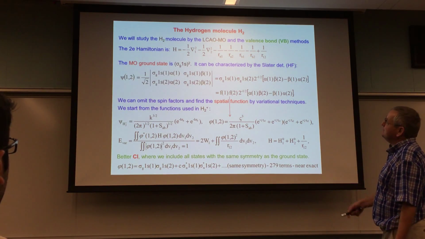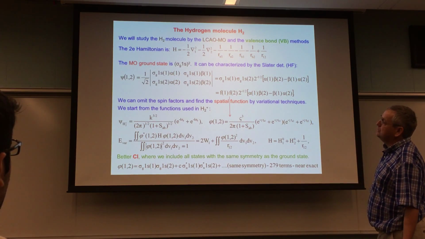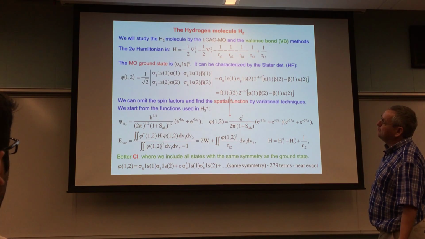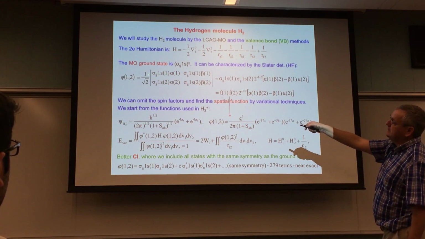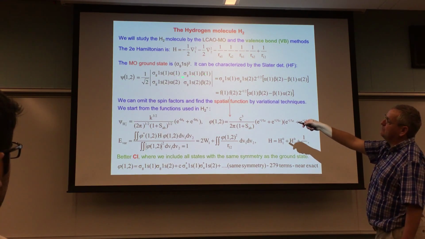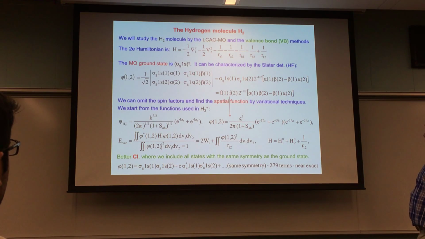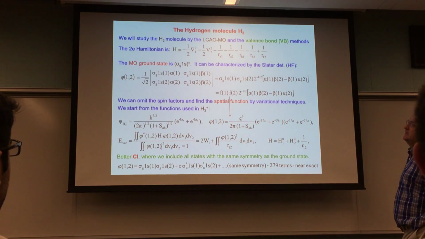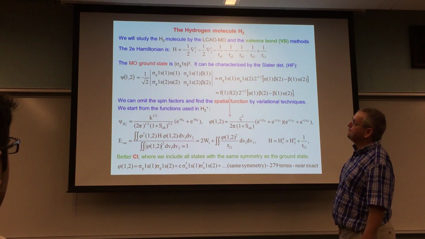And one Slater determinant for two electrons would be this, okay? And then I want to optimize this one Slater determinant, so I can optimize these wave functions which are in the one Slater determinant, and after the optimization, I find the best one Slater determinant which describes the hydrogen molecule.